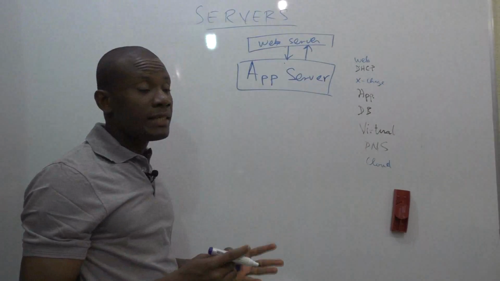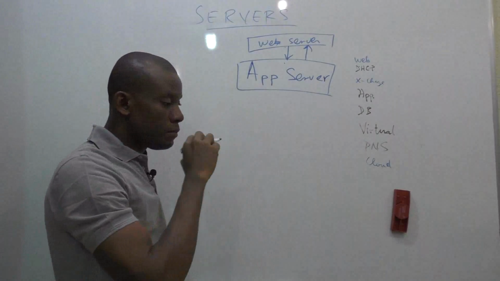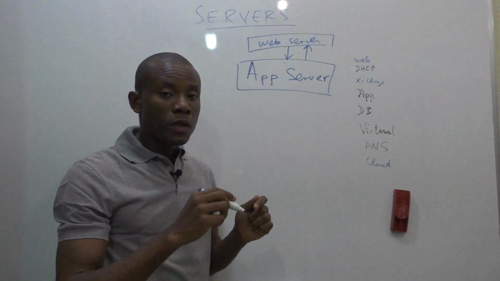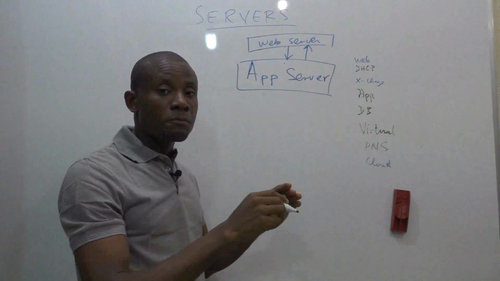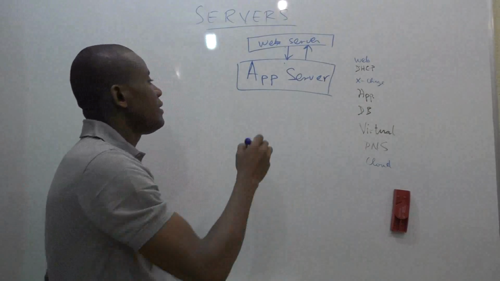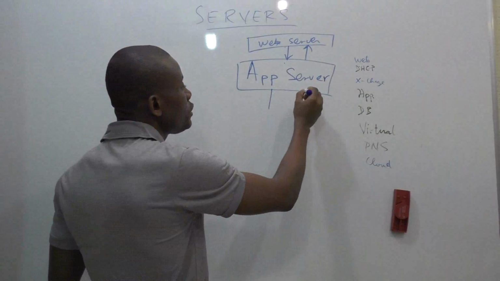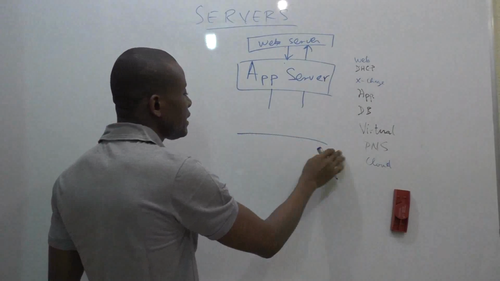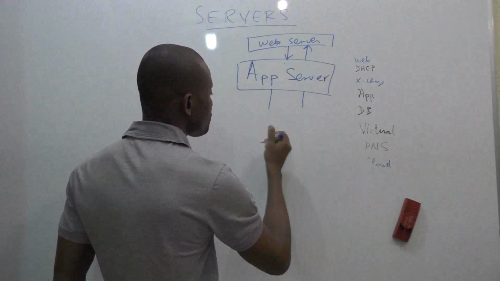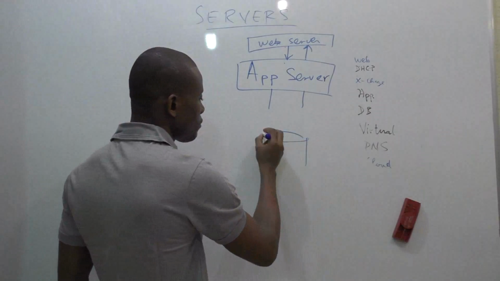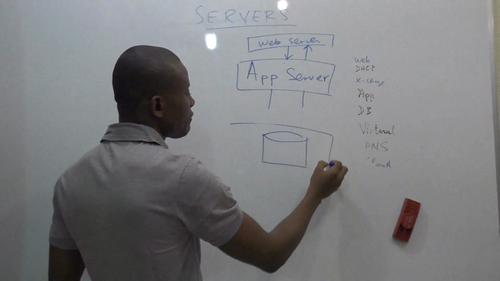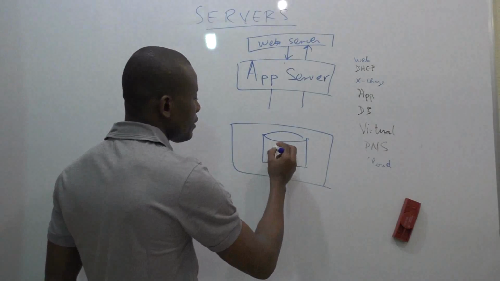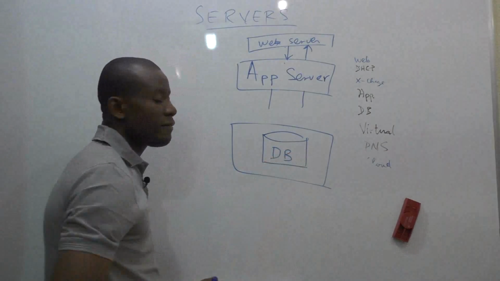I'm not going to give an example, but if the page contains code that requests access to the database, then the application server is going to forward it all the way to the database server. I'll represent the database server in this way. Database server.